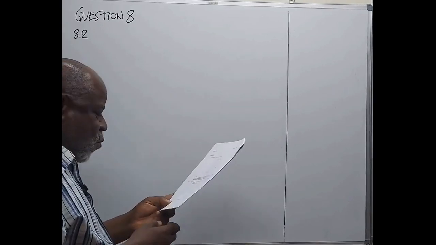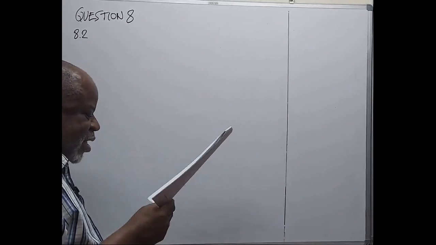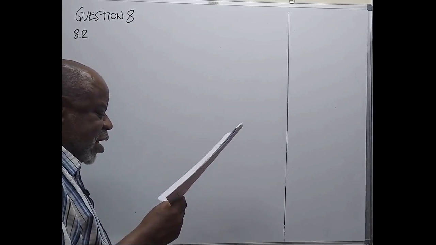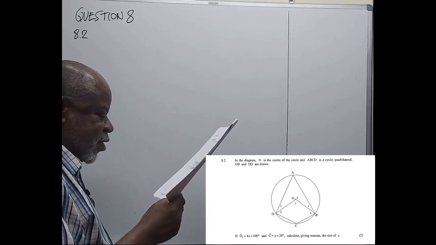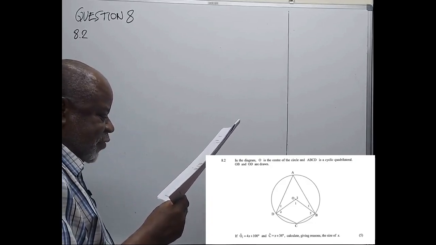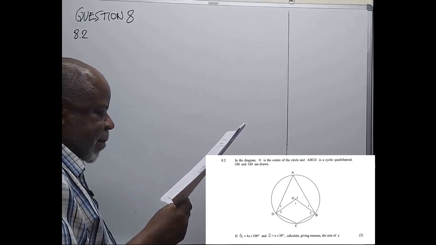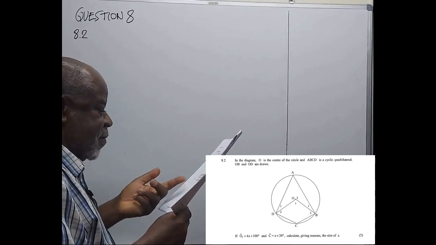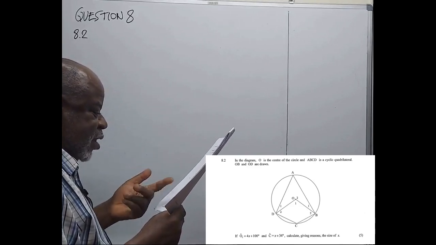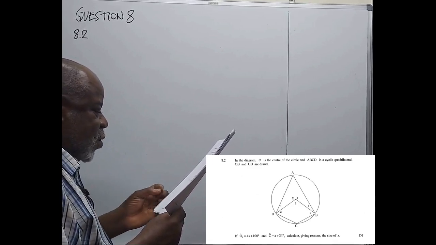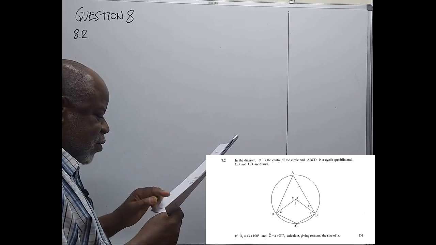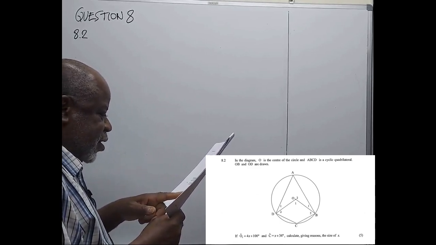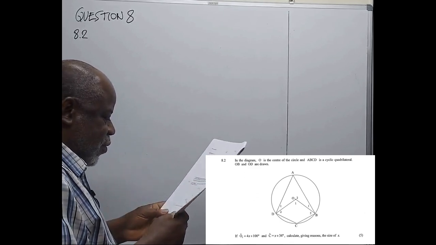If O1 is equal to 4x plus 100 degrees and C is equal to x plus 34 degrees, calculate, giving reasons, the size of x.